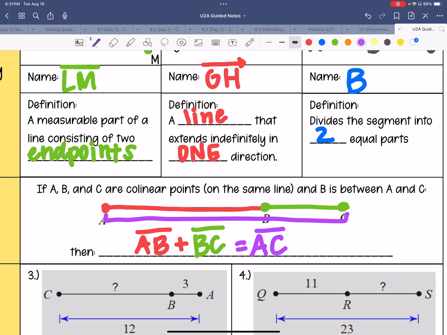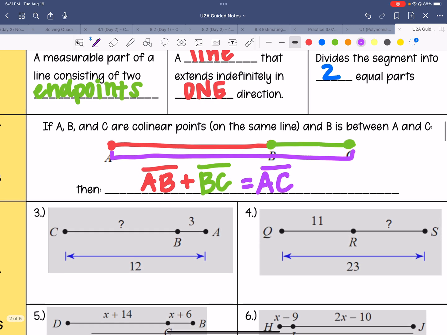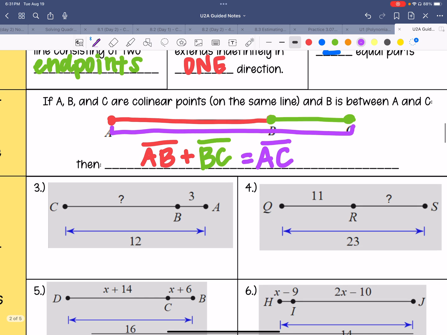Now, what does that look like when we see problems? If we look at number 3, notice that this blue line is indicating that from C to A, this whole segment is 12 units long. In our problem, we are given that from B to A, we have 3 units.